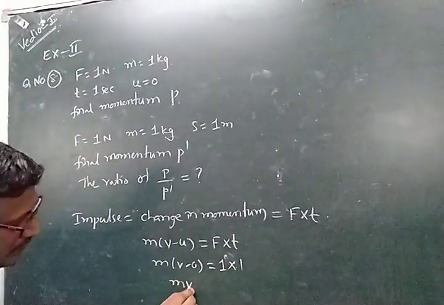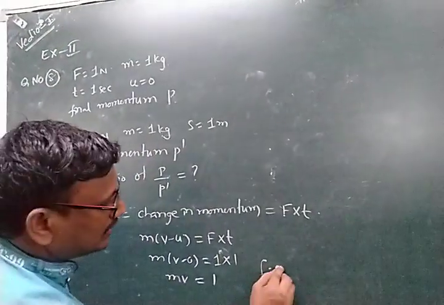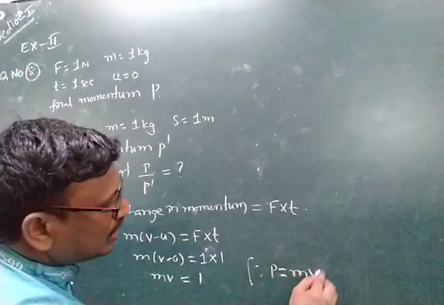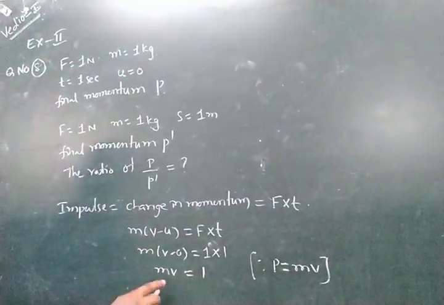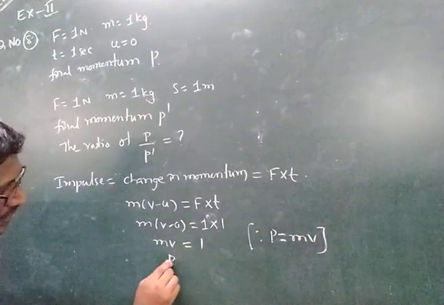So M into V is equal to 1. We know that momentum P is equal to mass into velocity, so P is equal to 1.